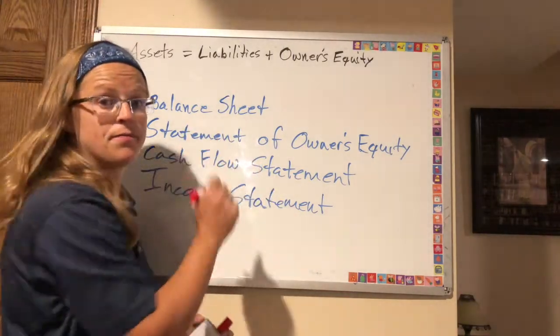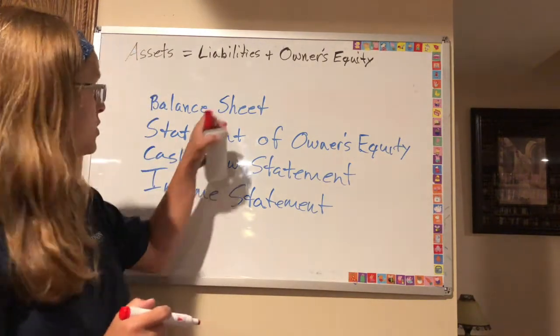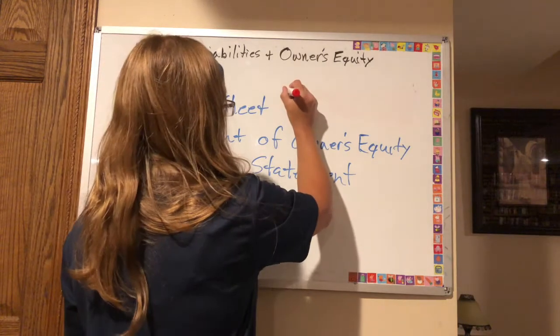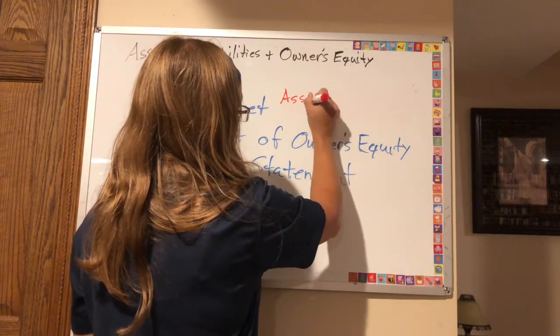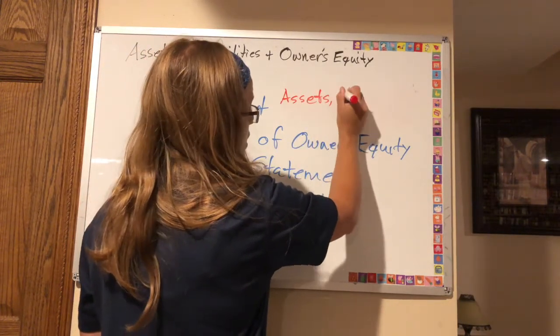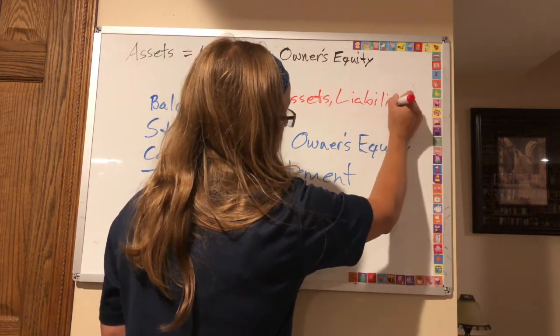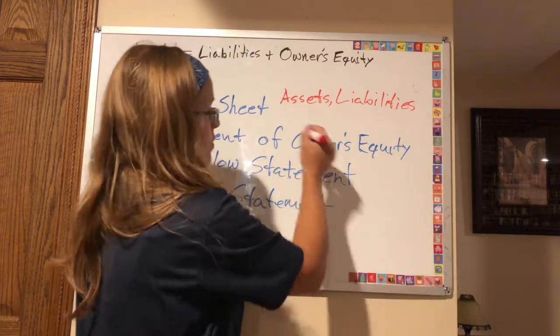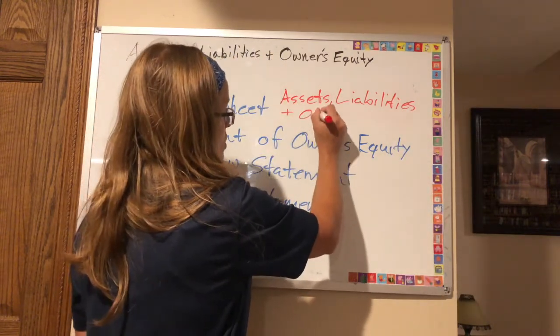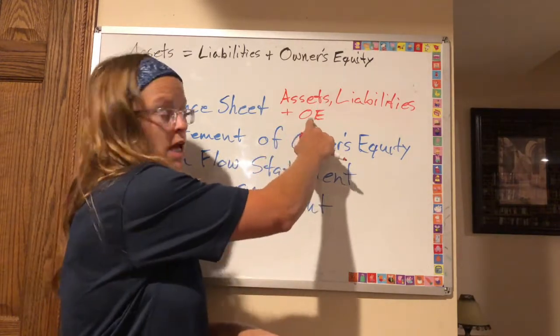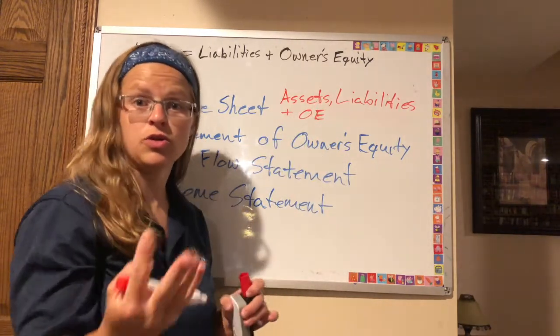The balance sheet is a financial statement that shows an organization's assets, liabilities, and owner's equity. I'm going to abbreviate owner's equity; you'll see me abbreviate it as OE continually throughout this class.